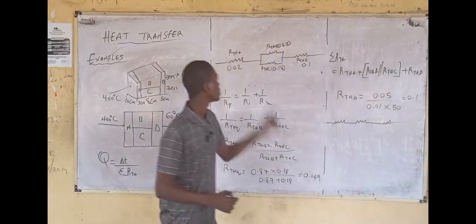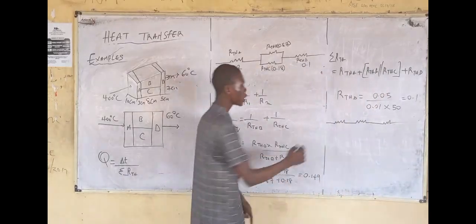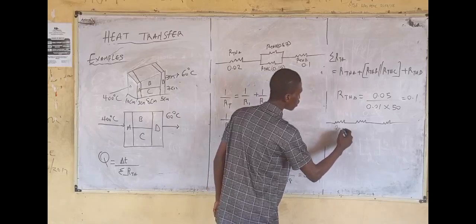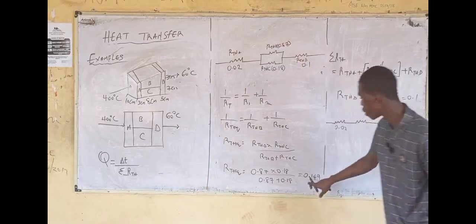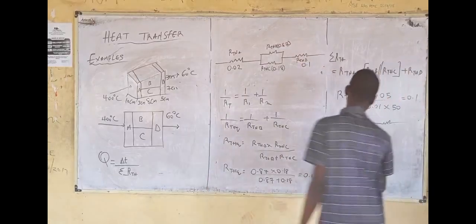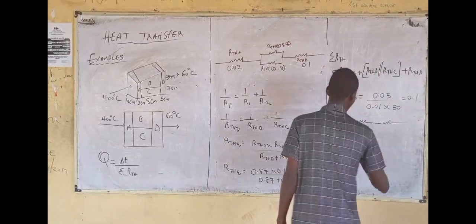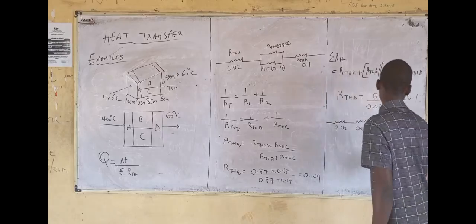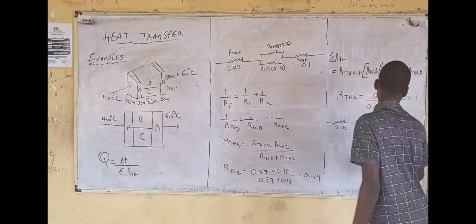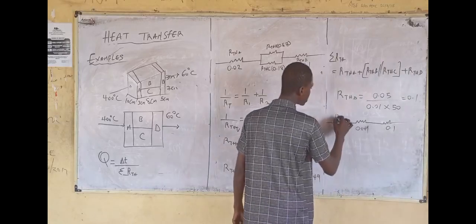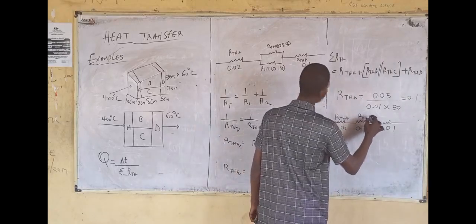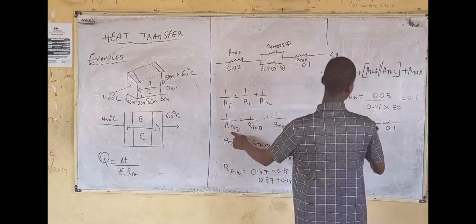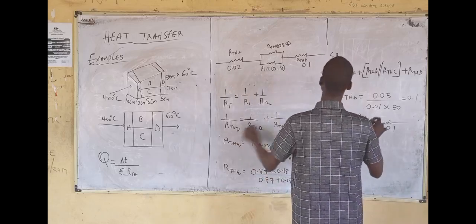This is still RTHA, which is 0.02. The parallel combination you solved to be 0.149. And here we have 0.1. We denoted the parallel combination as RTHQ.